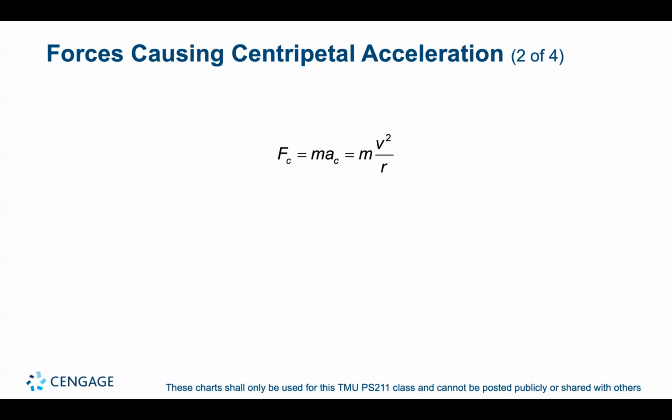A net force which causes a centripetal acceleration acts towards the center of the circular path and effects a change in the direction of the velocity vector. Imagine if that force suddenly vanishes, then the object would immediately leave its circular path and move along a straight line tangential to the circle. Centrifugal or center-fleeing forces also exist, such as the normal force that prevents an object from falling towards the center of the Earth.